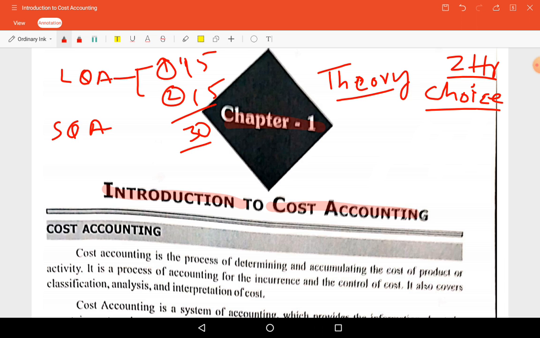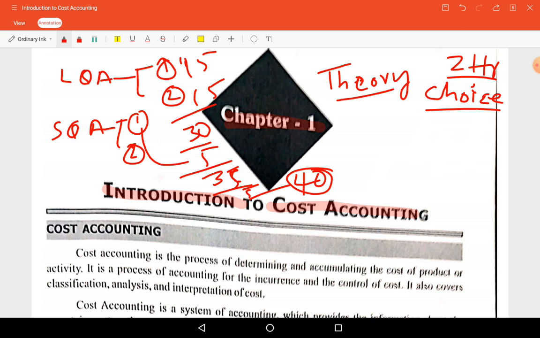There may be a chance of one short question from each unit. Suppose one short question is given for 5 marks, you can add 5 more marks, so it is 35 marks from this chapter or unit. If he gives one more question, then 40, but the university is not going to do that.